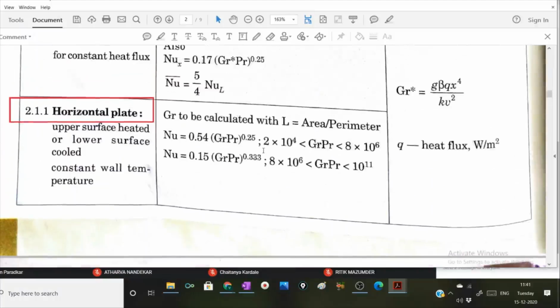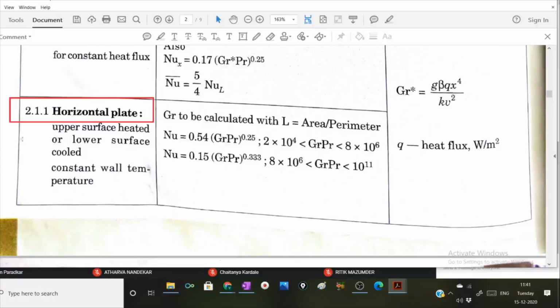In horizontal surface also, the heater plate is placed in such a way that one of the ends is insulated. So it is placed in such a way that the top surface is heated and bottom surface is insulated. That will also affect the heat transfer rate.